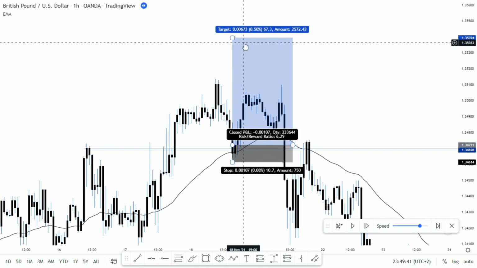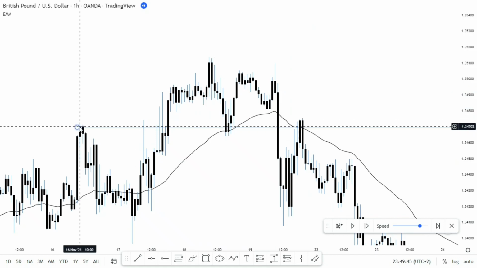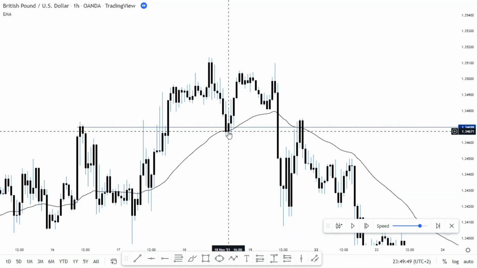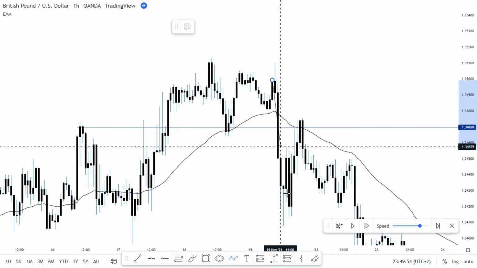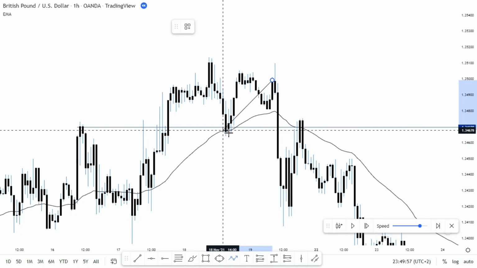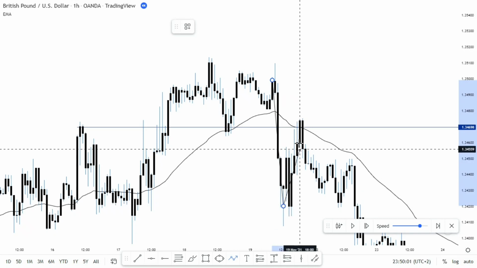Now, obviously, the trade didn't work out in our favor. So what do we do? React and adapt. The same line that I drew here is previous structure here. So what happened? Let me play it out for you. Price broke through this previous level, but where does price retest?